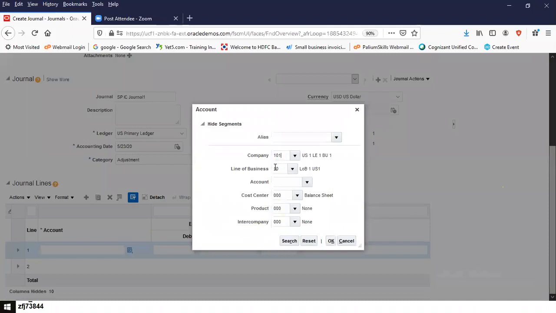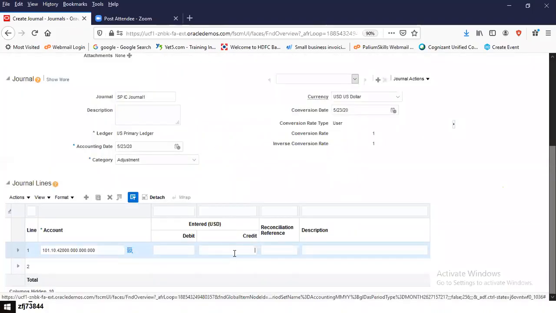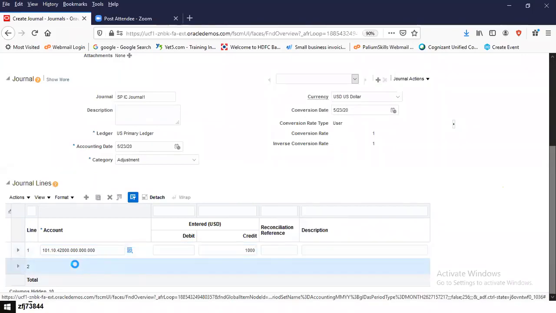So 101, 10, and let's, okay, international revenue, let's say, and the rest of it will leave blank. $1,000. Then we'll have the corresponding journal for another company.